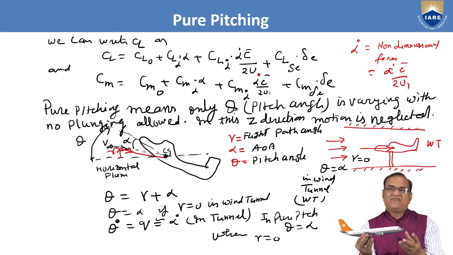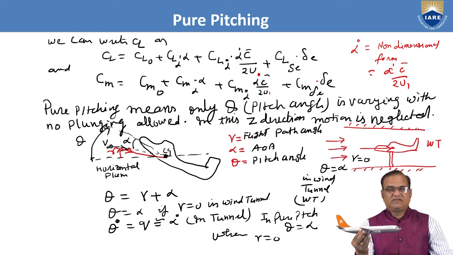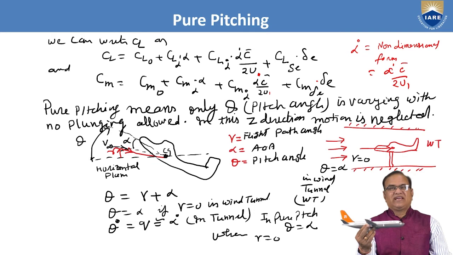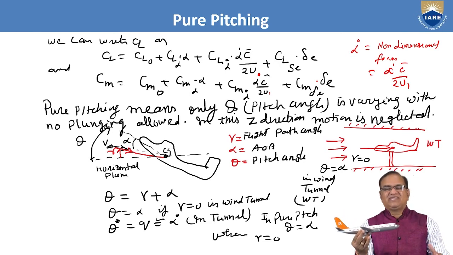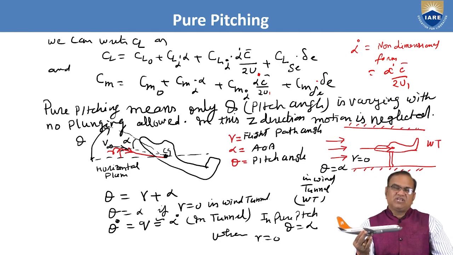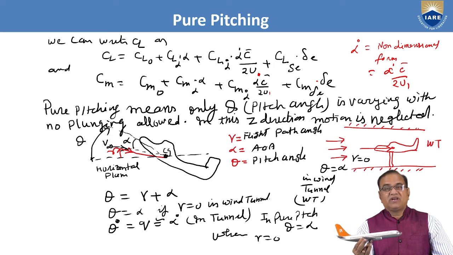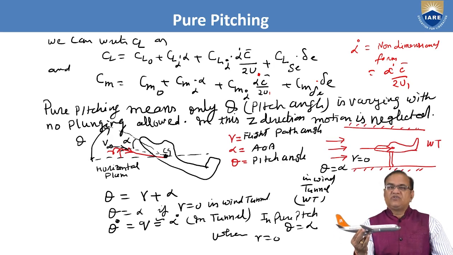So in a real aircraft, pure pitching is not possible. However, if we do this wind tunnel experiment on the aircraft, we can get the results very accurately, and these results match quite well. With this we can find the natural frequency and the damping ratio, and by these two parameters we can assess whether the aircraft is dynamically stable, dynamically unstable, or neutrally stable.